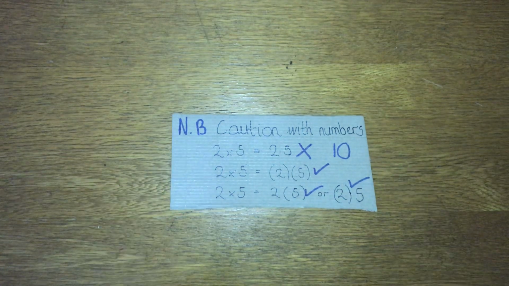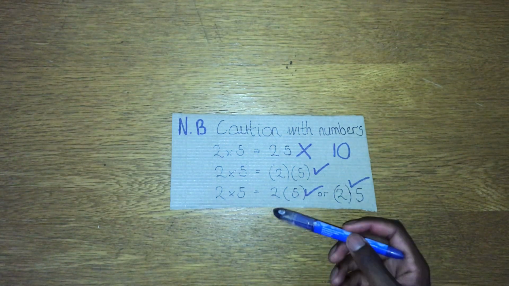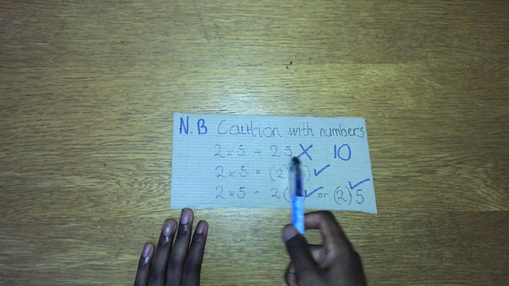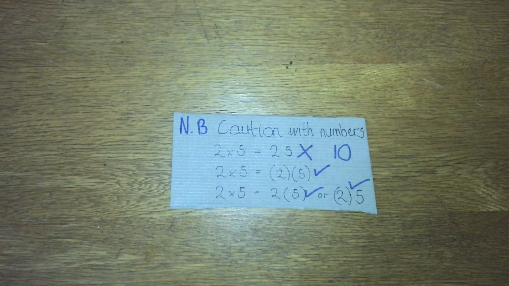Now, it is very important that we are careful when it comes to numbers. 2 times 5 does not mean we can simply put a 2 next to a 5 like we do with our unknown values, as this is wrong mathematically and algebraically.